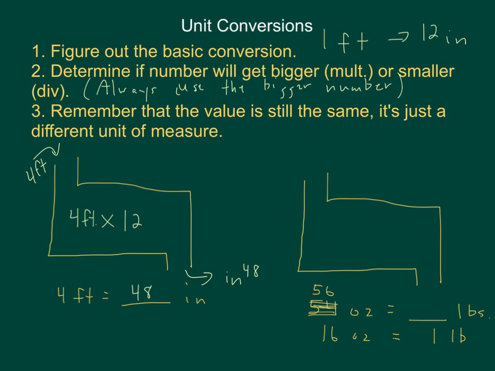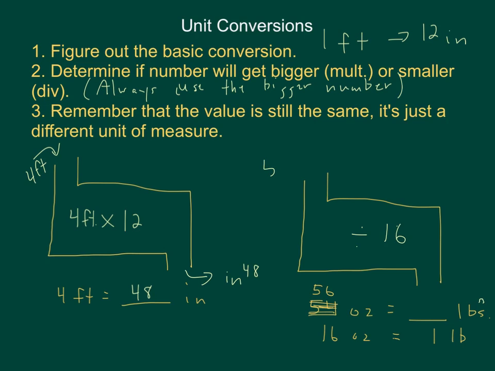And we have to figure out if the number is getting bigger or smaller, and we're going to use the bigger number. To go from ounces to pounds, the number gets smaller, which means we have to divide. To divide, we're going to use the bigger number, so 16.